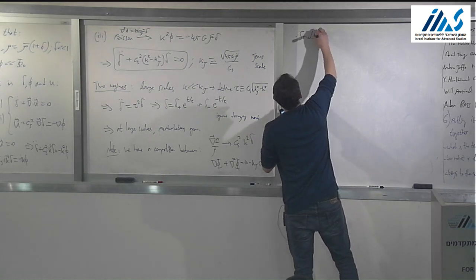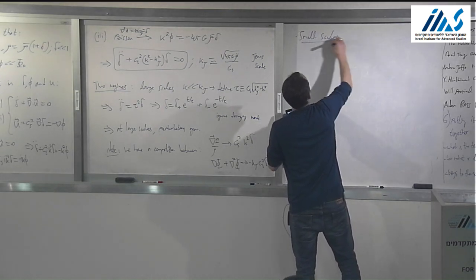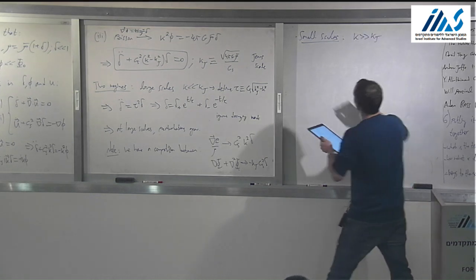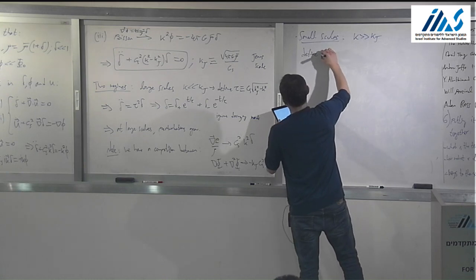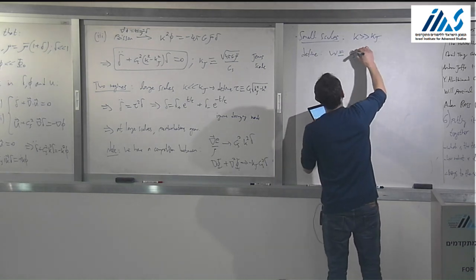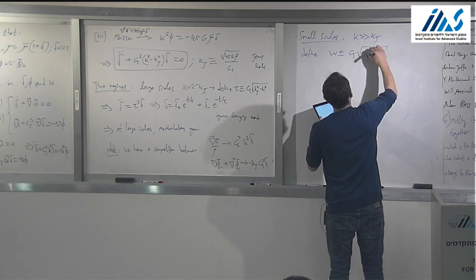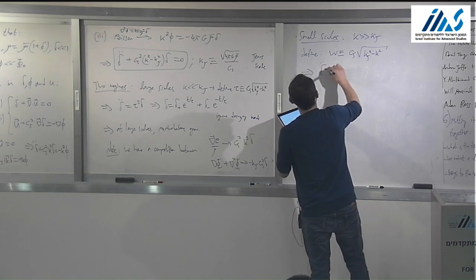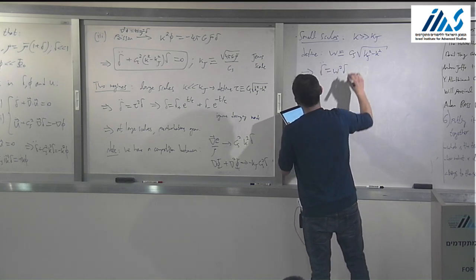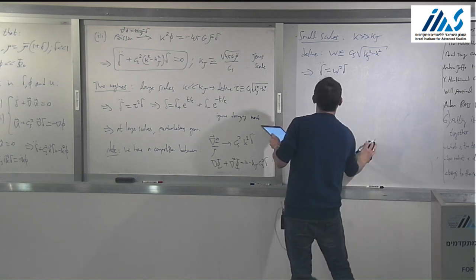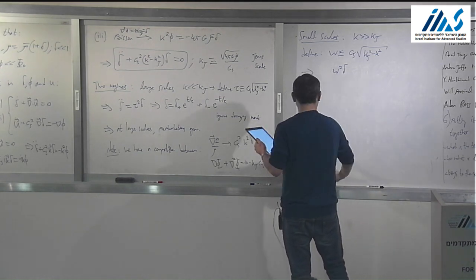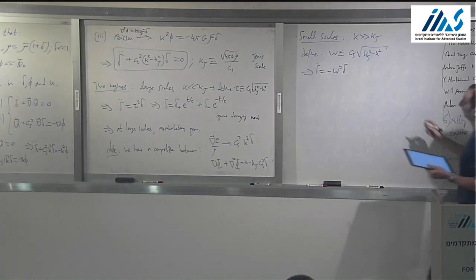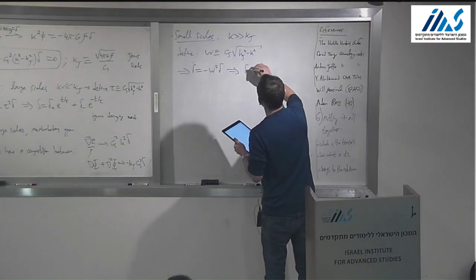Now on small scales, so here k is larger than k_J, we define omega, the dispersion relation, to be equal to this. And then we get a simple form for the equation, for which the solutions are completely obvious.